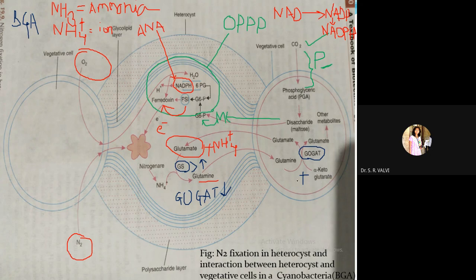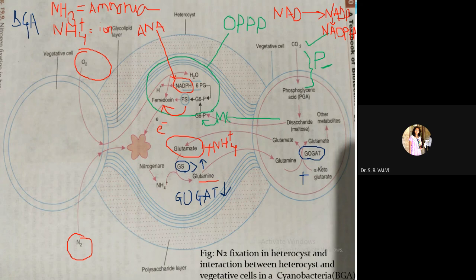So this glutamine combines with alpha ketoglutaric acid with the help of GOGAT. GOGAT is nothing but: the first G is again glutamine, O stands for oxo, G stands for glutarate, A stands for amino, T stands for transferase. So glutamine, oxoglutarate, amino transferase, that is GOGAT.